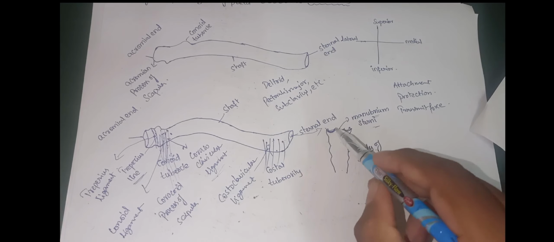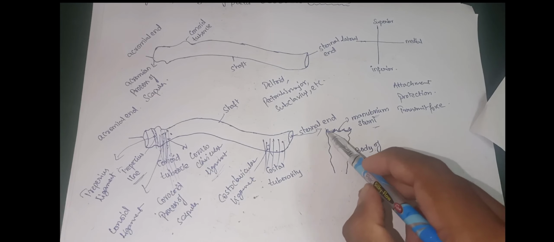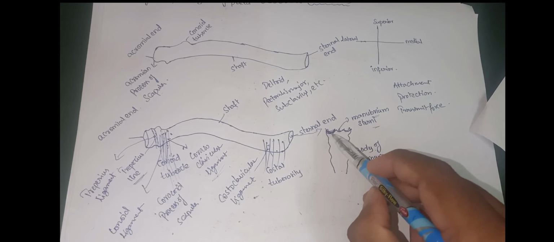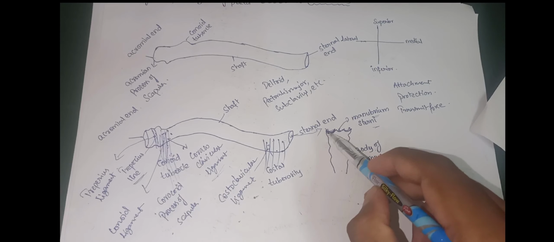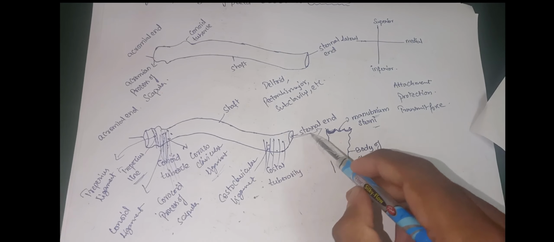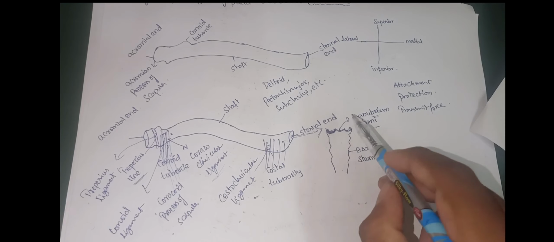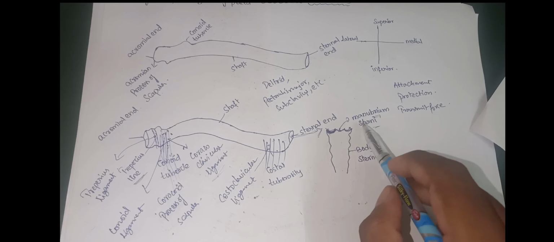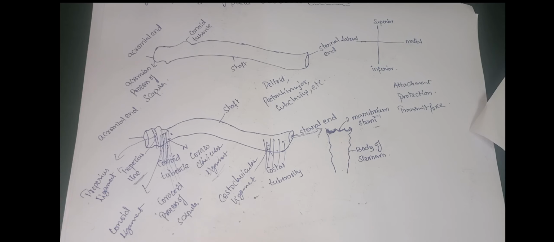Here there is a small notch, and the medial end attaches to this notch of the manubrium sterni of the sternum. This is the sternum, which is present in the midline of the human body, and this is the body of the sternum.